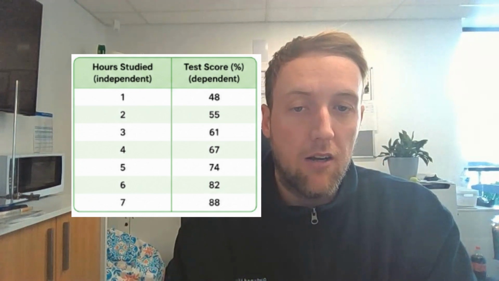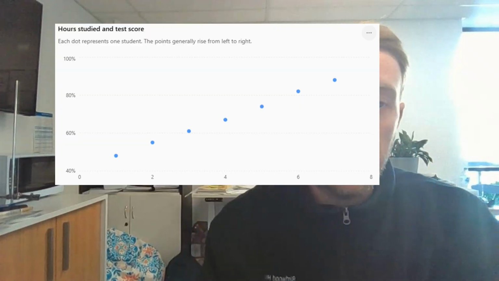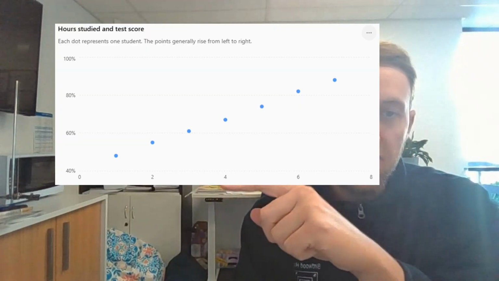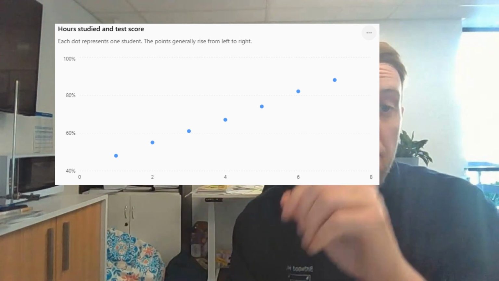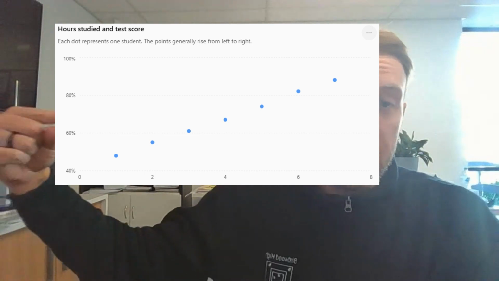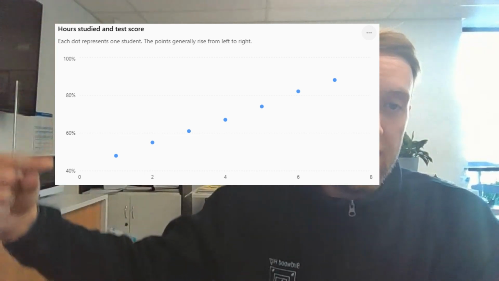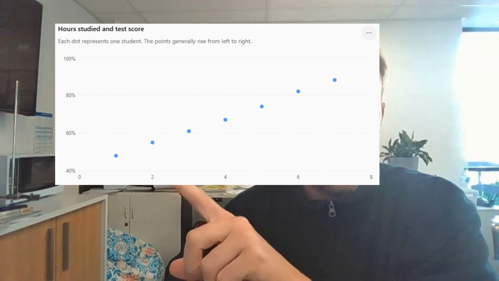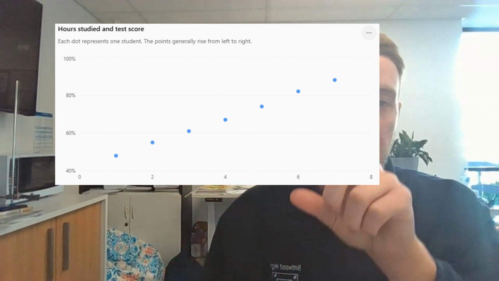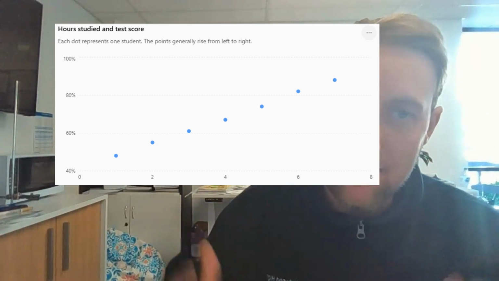Then if we come down, I've put a little scatter plot on here. We can see that along the x-axis, we have the number of hours studied, which may cause change in our test score. Then along the y-axis, we've got our test score. We can see that as we increase our number of hours of study, test scores increase. It's a very beautiful thing.